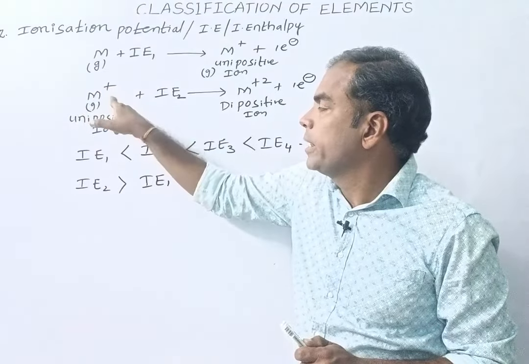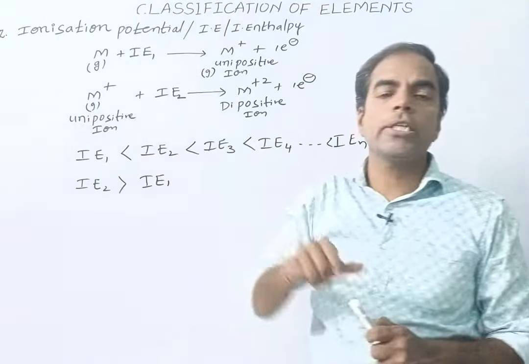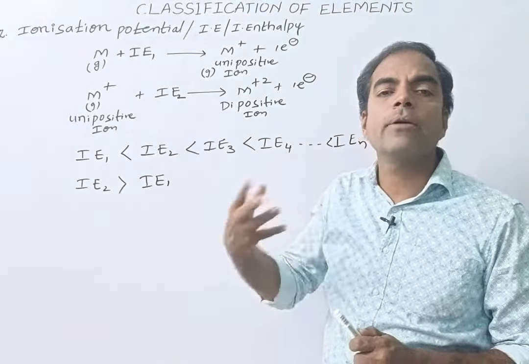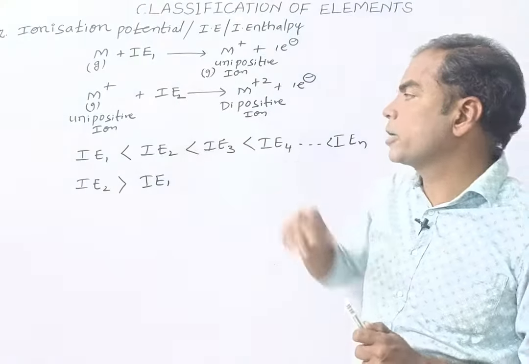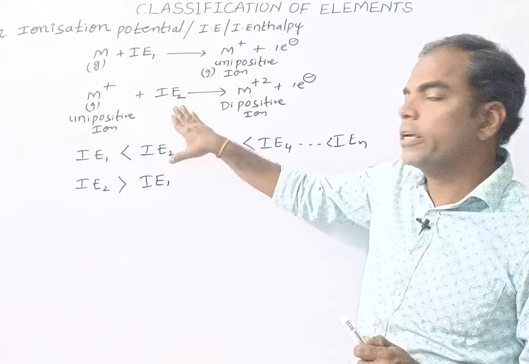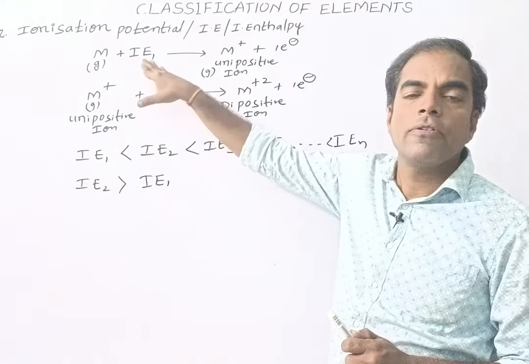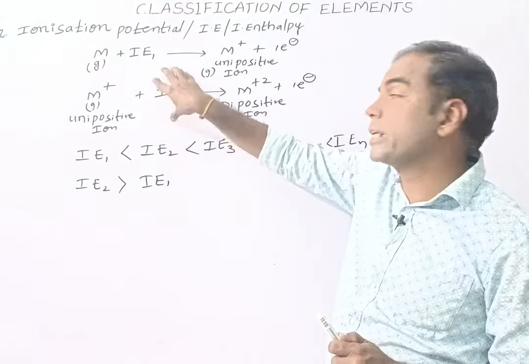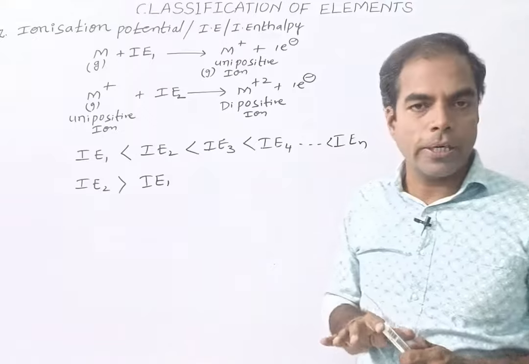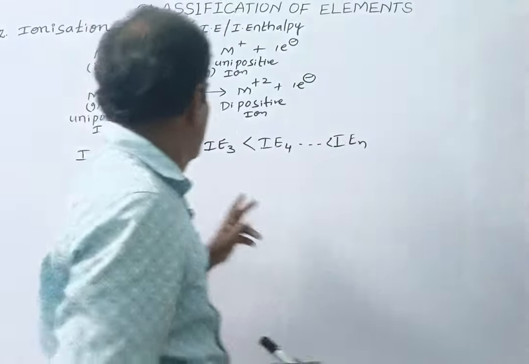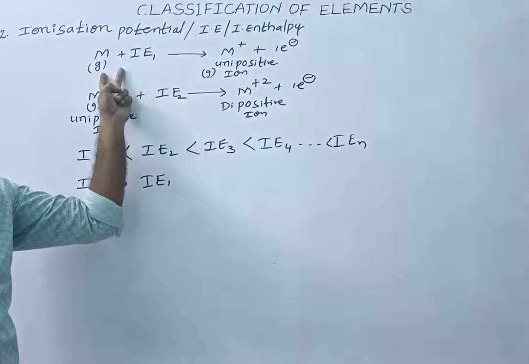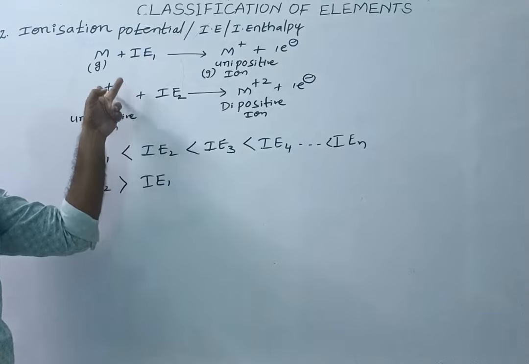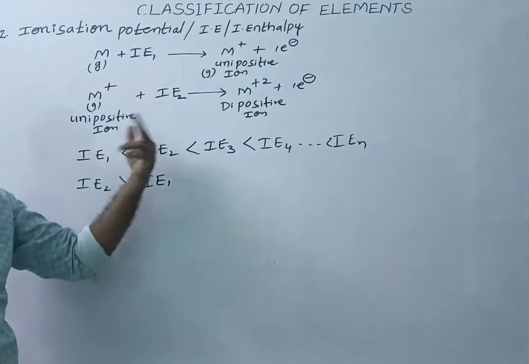With that, the electrons are strongly attracted towards the nucleus. That's why removing an electron from the unipositive ion requires a high amount of energy. Second ionization energy requires more energy than first ionization energy, so second ionization potential is always greater than first. Is it clear? In a neutral atom, equal numbers of electrons and protons are present, whereas in a unipositive ion, electron number decreases and effective nuclear charge increases.